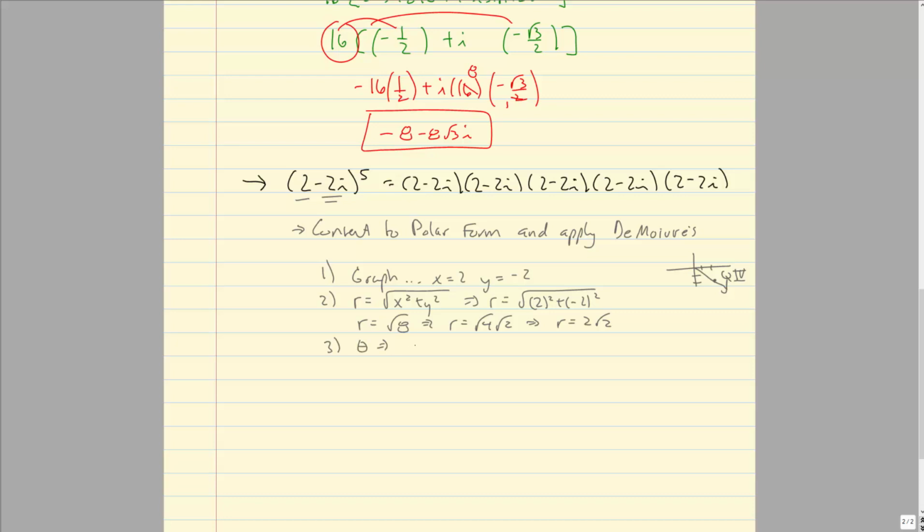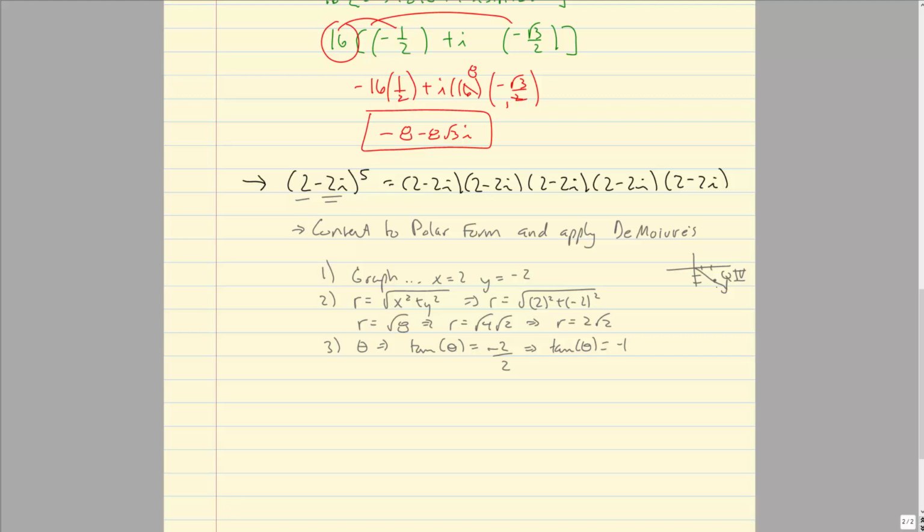Third step, we want to find theta. So we use tangent theta equals y over x. y in this case was negative 2, x is 2, so I have tangent theta equals negative 1. Well, that's going to be a multiple of pi over 4, but it has to be in quadrant 4.